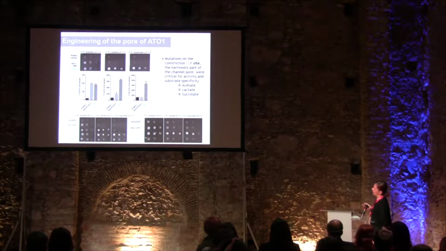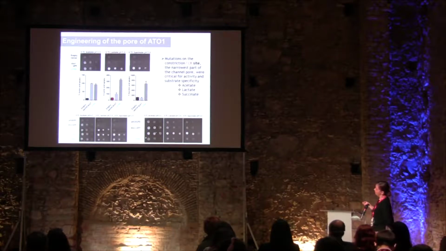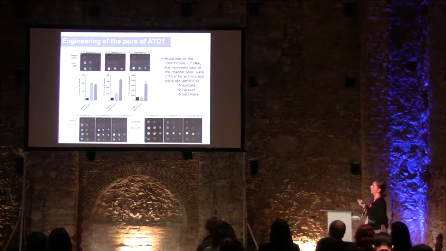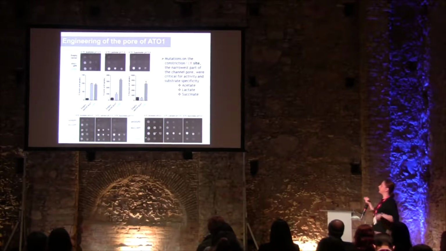When we have the wild type protein and the mutated one, it is the same for acetic acid. But for lactic acid, it transports a bit and starts to transport 3 times more than the wild type, and then for succinate, it's also a big increase.